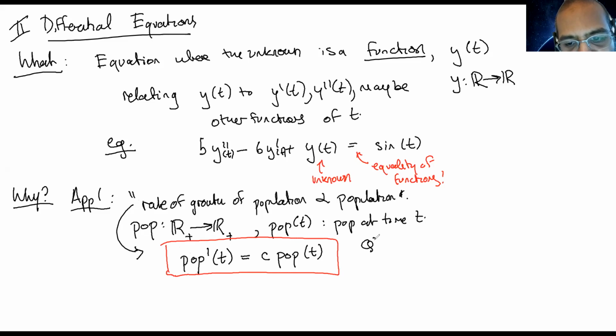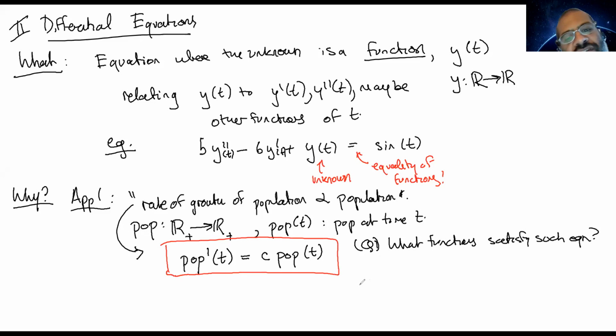And the kinds of questions you can ask are, well, one question is, what functions satisfy such an equation? That's one question, right? What are all the possible functions that could satisfy this?